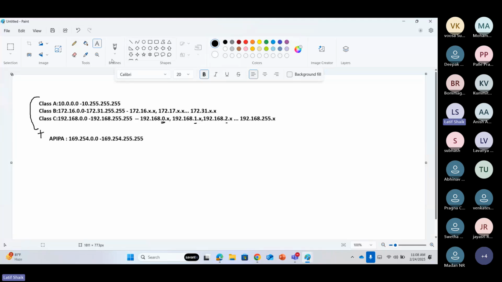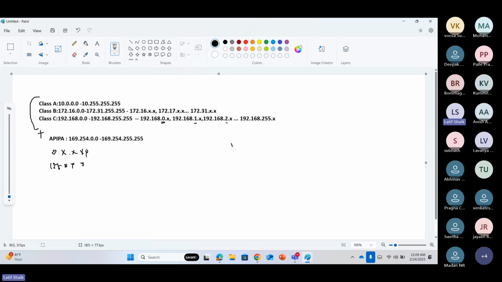So class A, class B, class C private ranges plus the APIPA range. And of course, we know the 0 series and 127 series. Except for these, all remaining are public.